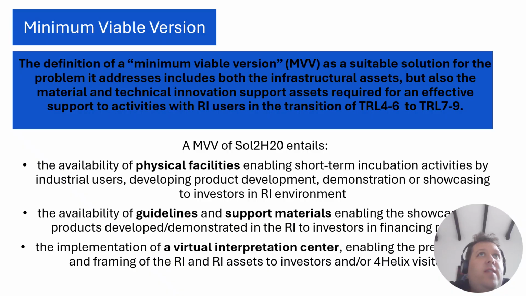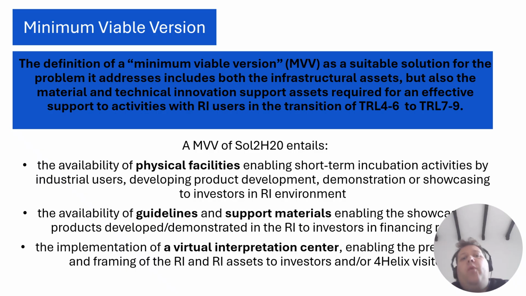What we can do with this minimum viable version is also the availability of guidelines and support materials so these activities of showcase of the new products can be more assertive.